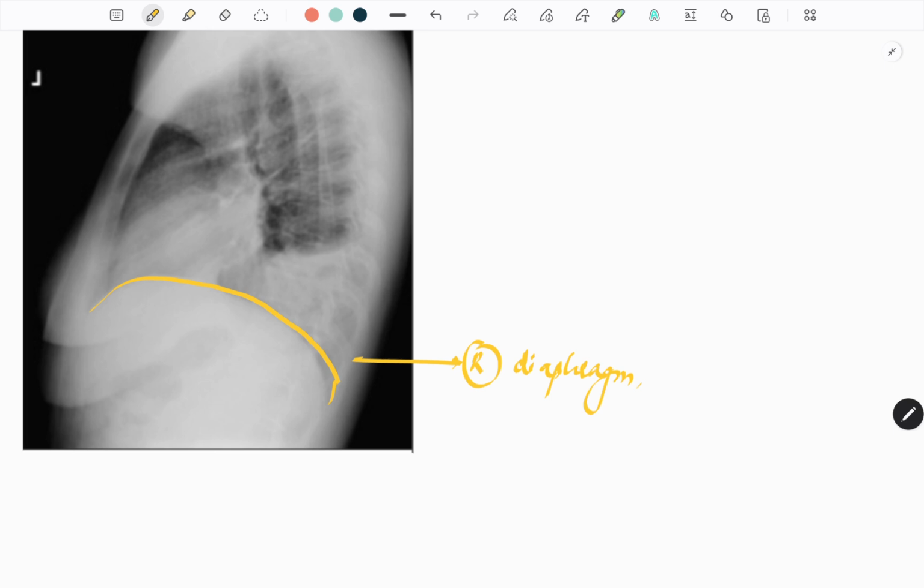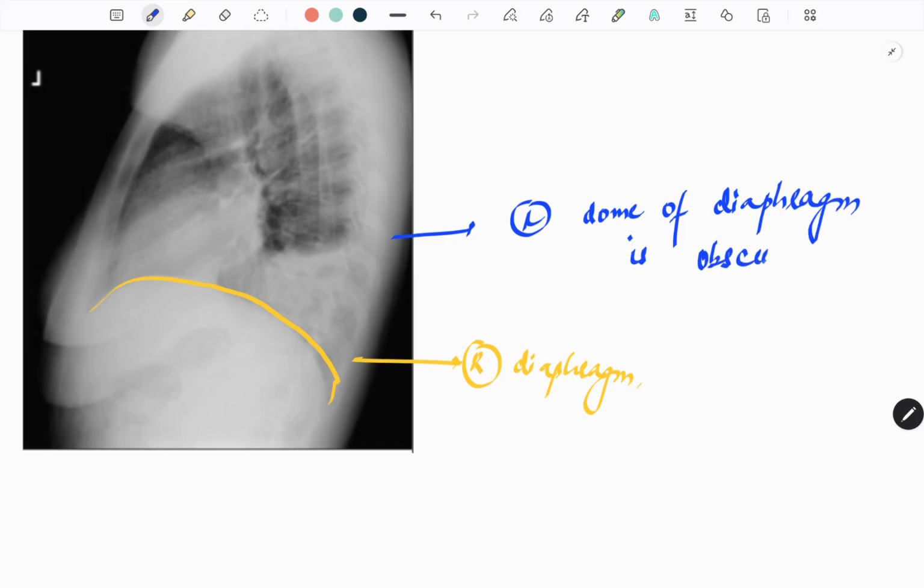We are not seeing any other part of the diaphragm, so we'll assume that the left dome of diaphragm is obscured.